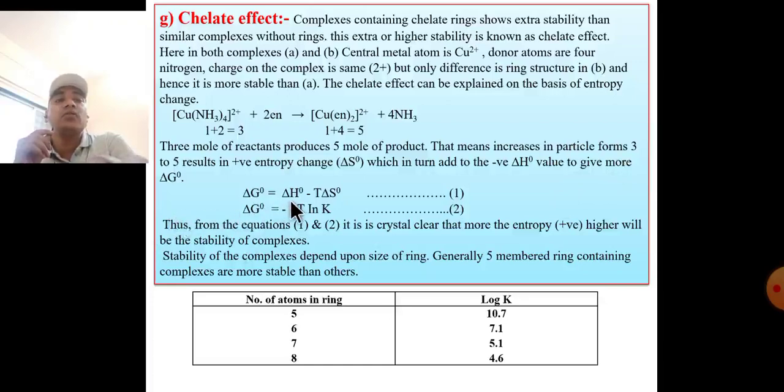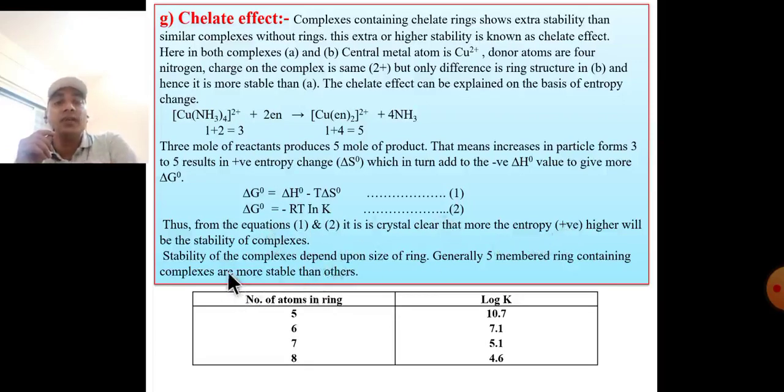Delta G0 is equal to delta H0 minus T delta S0. That is, delta G0 is equal to minus RT ln K. Thus from equations 1 and 2 it is crystal clear that the more positive the entropy, the higher will be the stability of the complex.